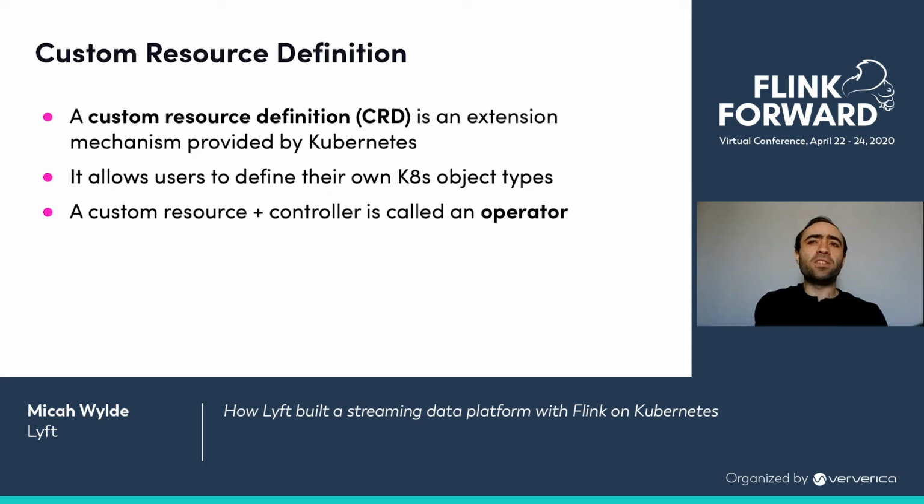And then the community has taken this notion of custom resource definitions and custom controllers and found that when you bundle those things together, you get a really powerful pattern, which is called the operator pattern.